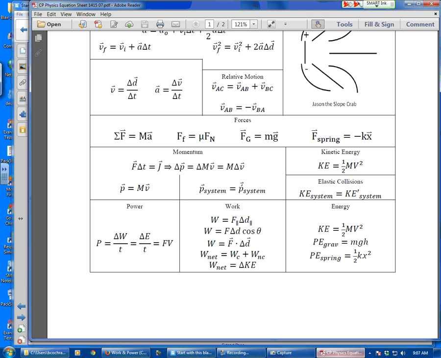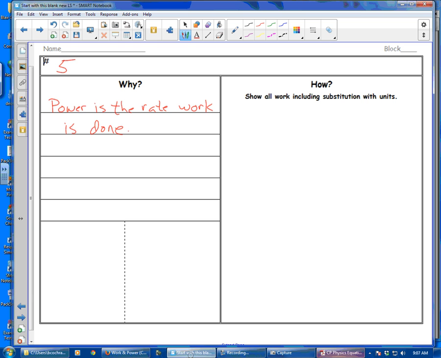Down here, power is, I can either think of it as the rate work is done or the rate energy is used. I'm going to use energy this time. So I'm going to say power is energy per time. And I'm looking for time, so I'm going to rearrange that and have time equals energy over power.